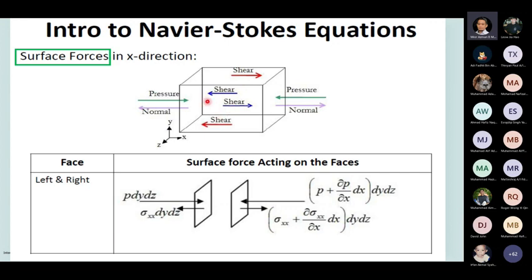Within the fluid there are several forces acting on the cube. The front and the back of the cube have the normal force. We have pressure, and absolutely there will be a pressure gradient, which gives a normal force acting perpendicular to the direction of the axis.